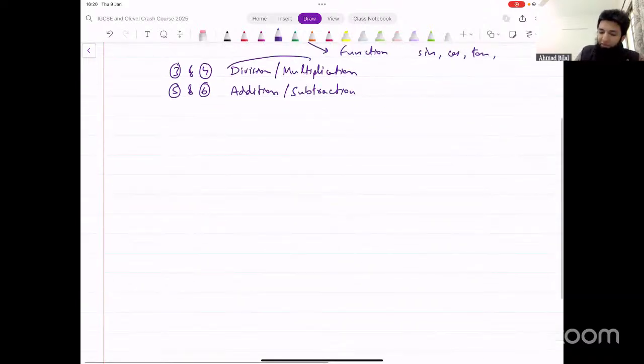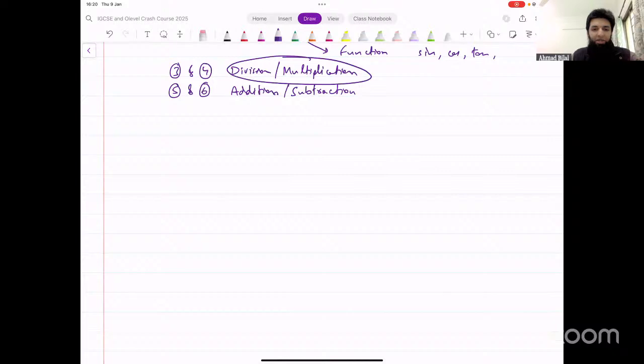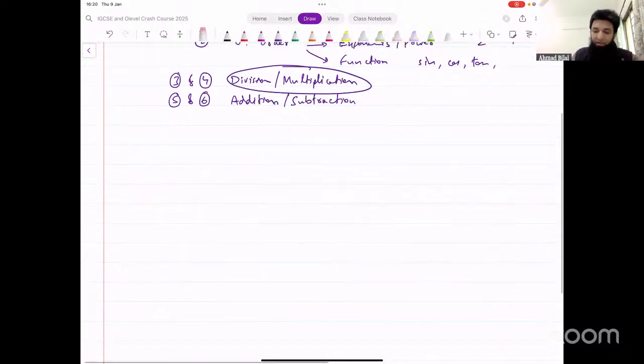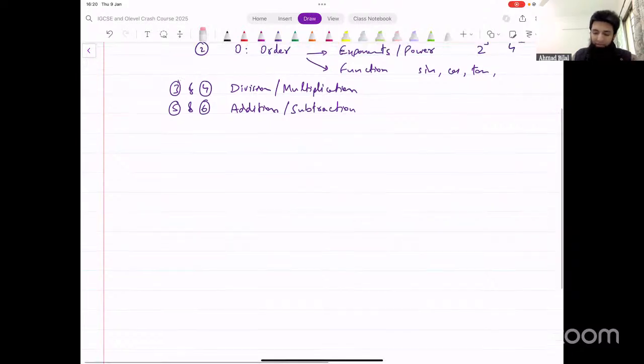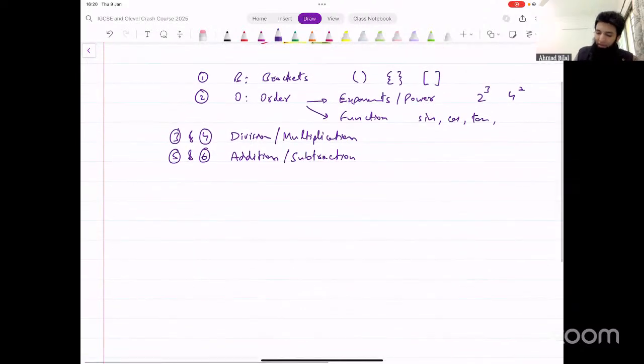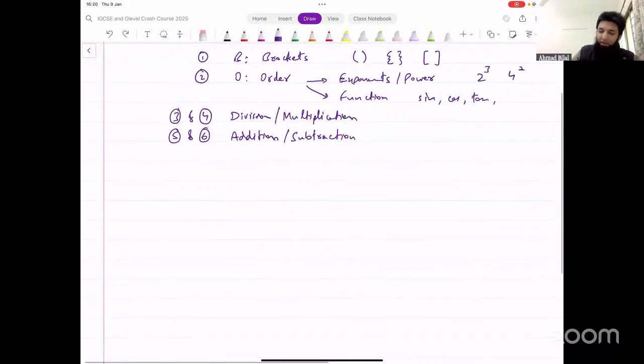Now, even though the order between addition and subtraction, and between multiplication and division, does not matter, you have to go from left to right. So this is a very important point that you need to keep in mind.